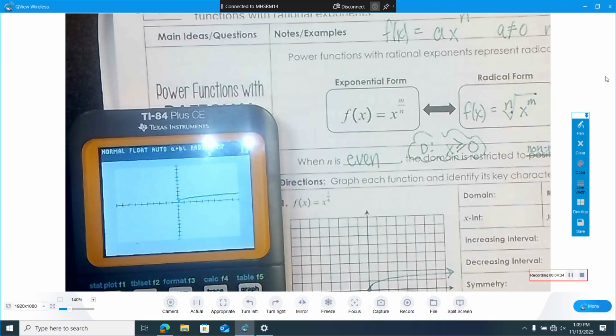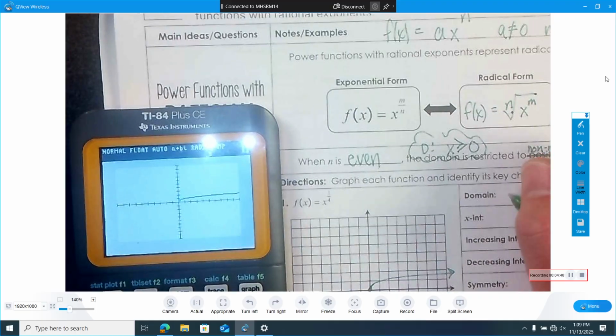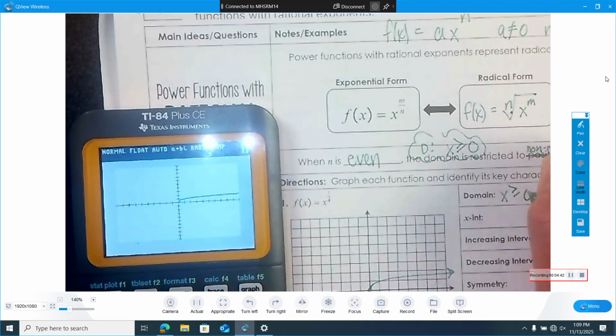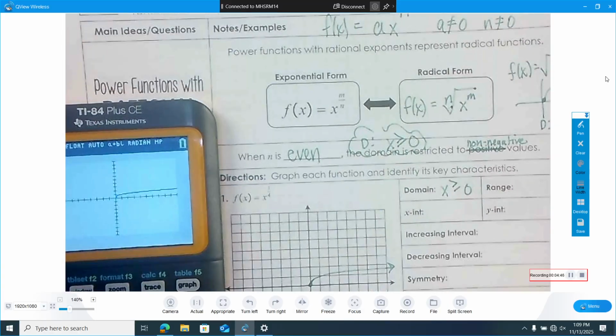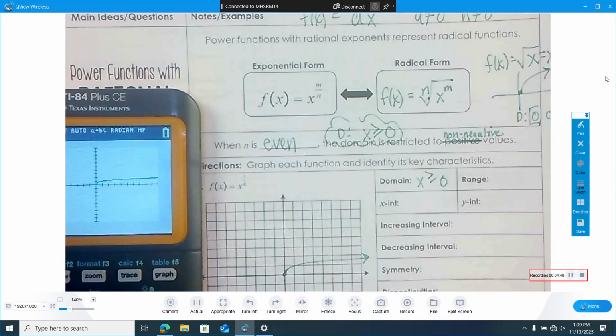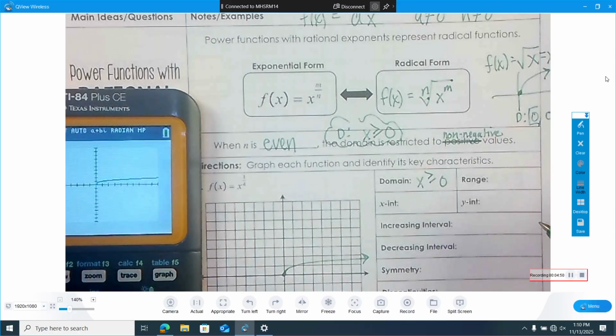Domain. Looking at this graph, how far left and how far right does it go? 0 to infinity. I could just say x must be greater than or equal to 0. That's the picture as well. And what is the range? How low does it go and how high does it go? 0 to infinity.